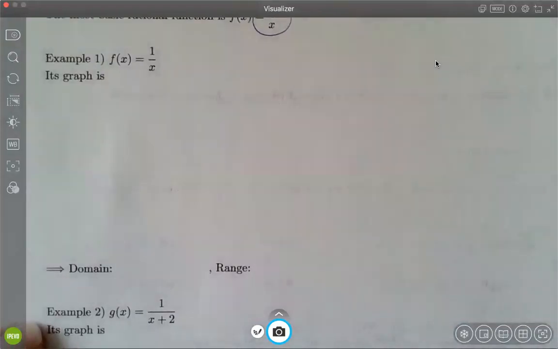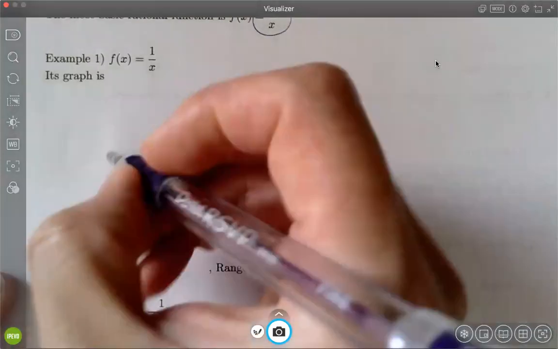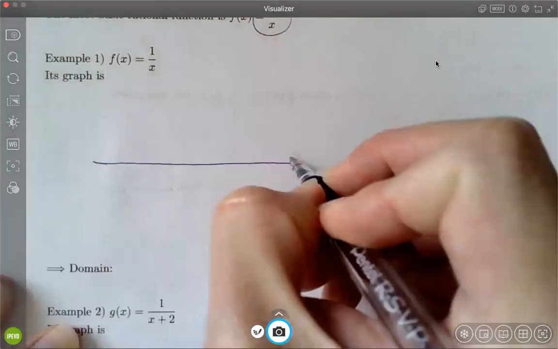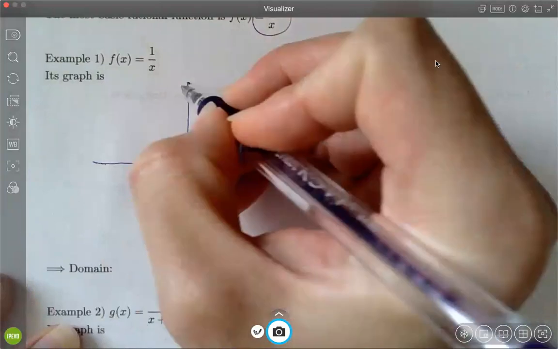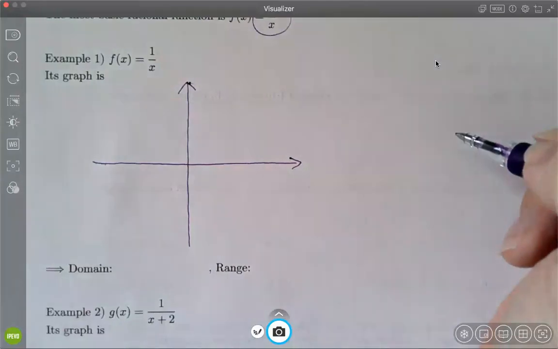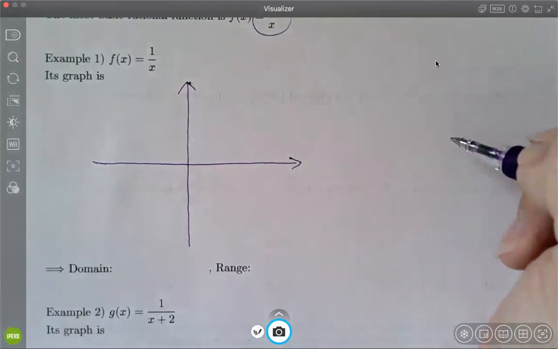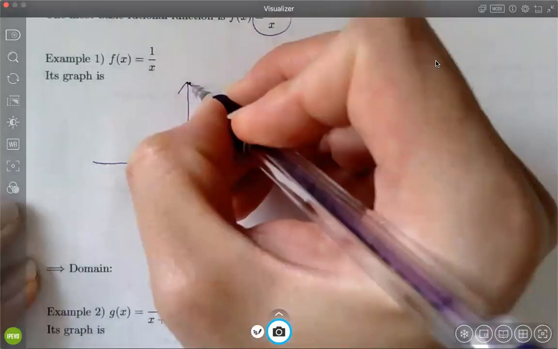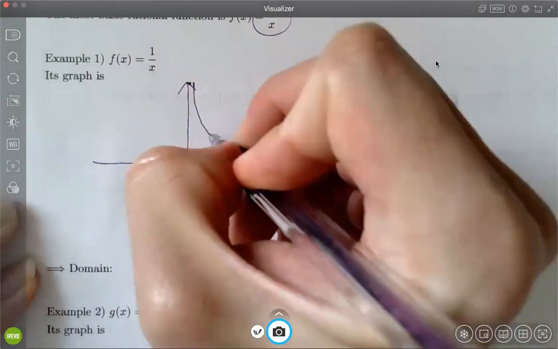Okay, so the graph is not a line. So the graph has two curves, okay? And so where is one curve? So where is one of them? It's in the first quadrant, and hopefully you remember how the curve looks like. Something like this.